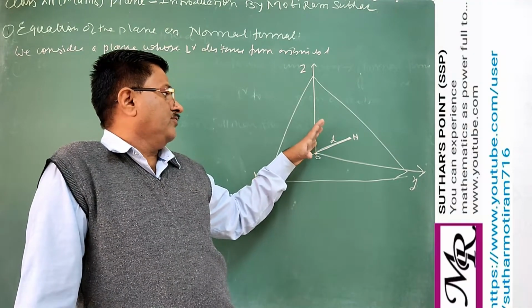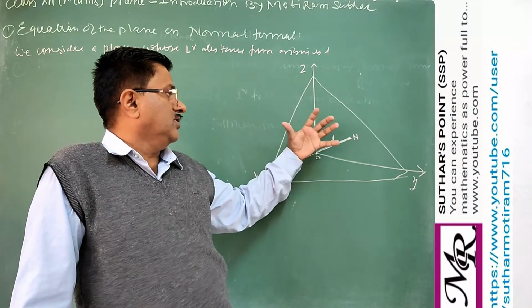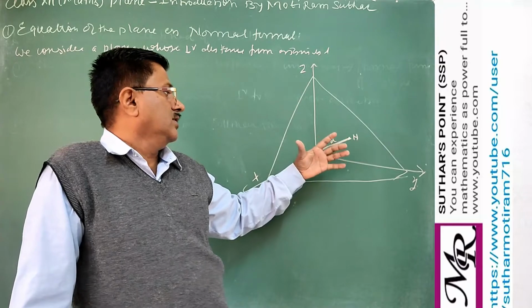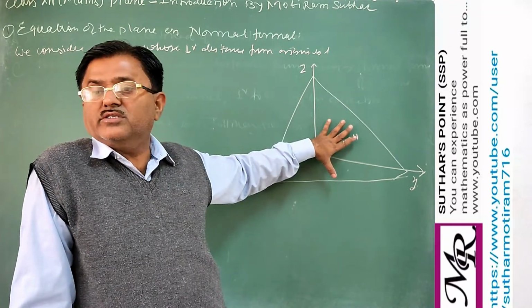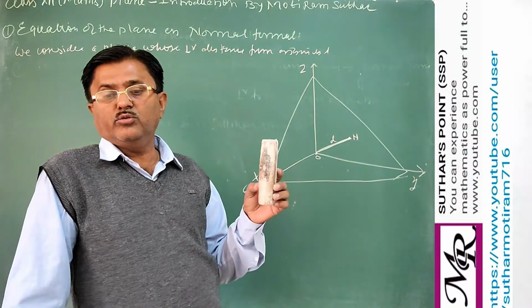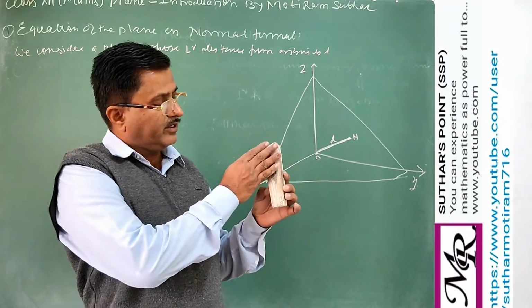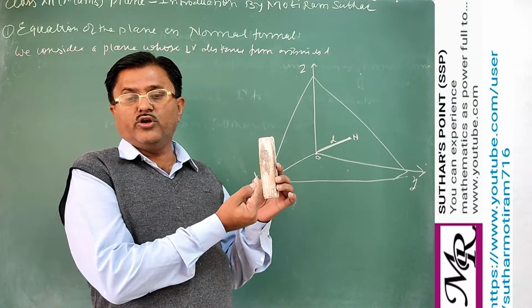If you see any figure whose distance from the origin we take, it will be in the outside direction, and the distance will be in this way. But when seen in two dimensions, it will look like this. Suppose this is a duster, and this is a plane. Now we can take a point here.